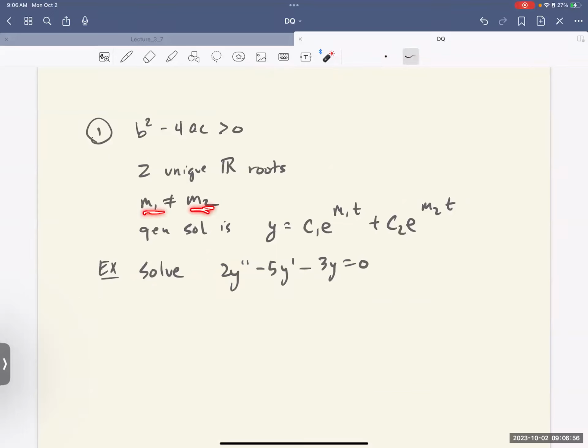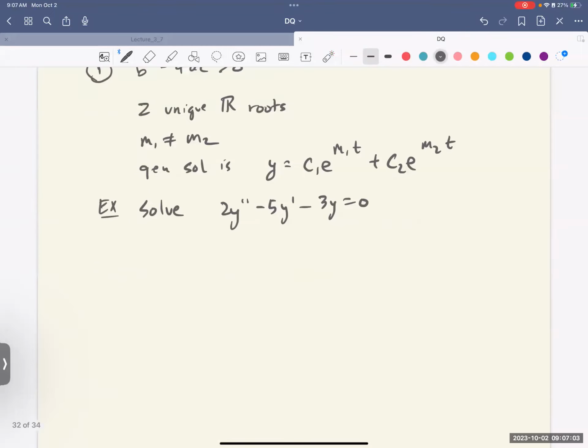The m1 and m2 roots will not be the same, and your general solution will look like this. So if you're going to solve 2y double prime minus 5y prime minus 3y equals 0, you find your characteristic equation, and that is 2m squared minus 5m minus 3 equals 0.